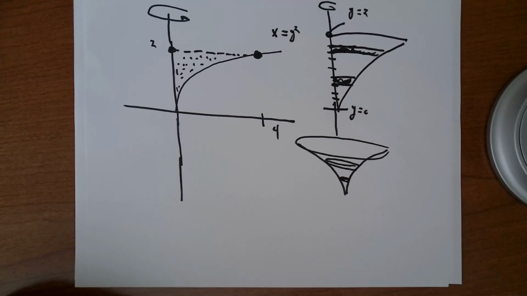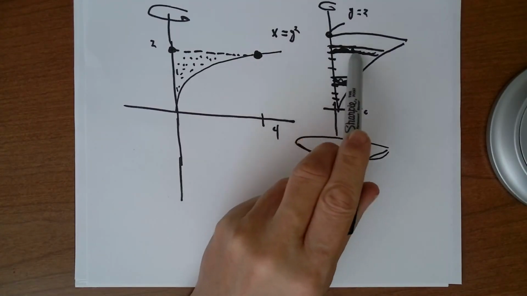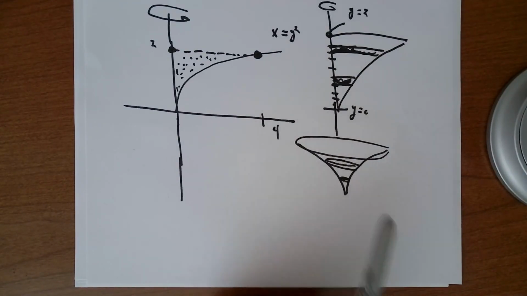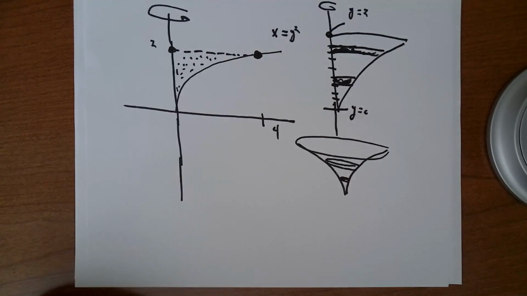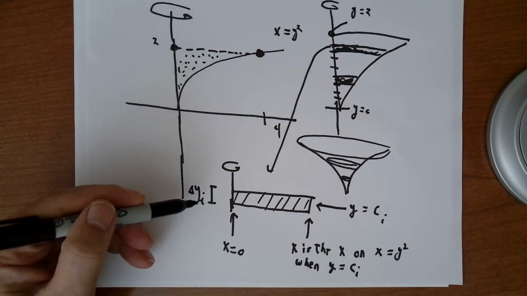Each individual horizontal strip is going to generate a disk which makes up part of my solid. As usual, the recipe from elementary geometry is pi times radius squared times perpendicular height. If I draw in one of my representative rectangles, this time it's the delta y, and it's this dimension instead of horizontally.